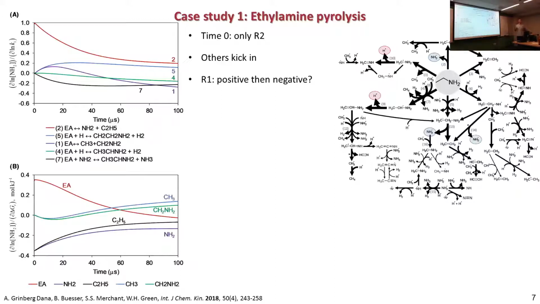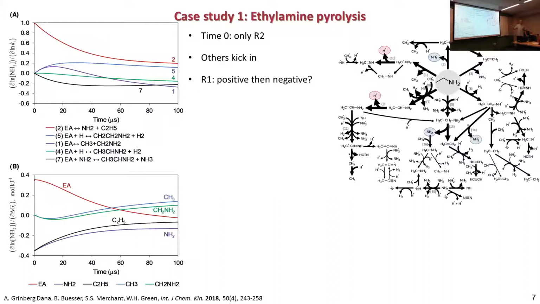Reaction number 1, are you with me? It goes to hydrogen. It's the main source of hydrogen production at early times in the system. We don't have radicals at time 0 in the system. That's how we produce a very important one that continues to react, and it initiates all these pathways, see the H radical here, which eventually lead to the formation of NH2.